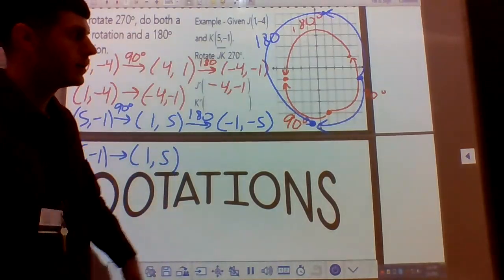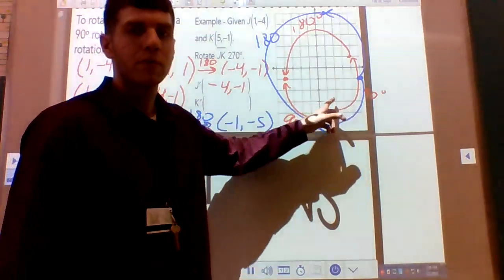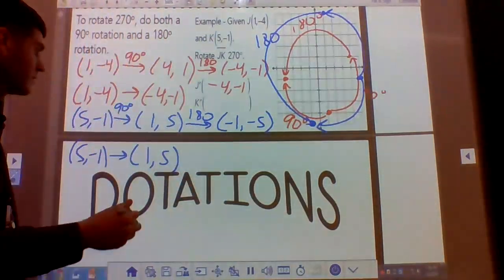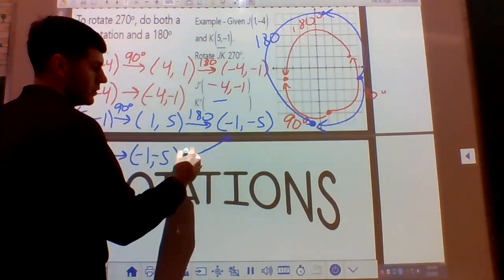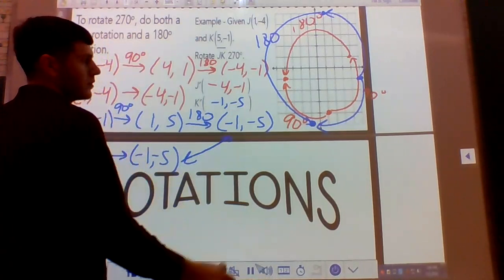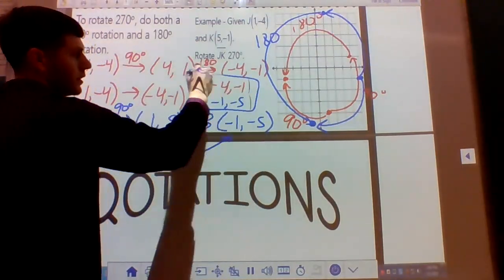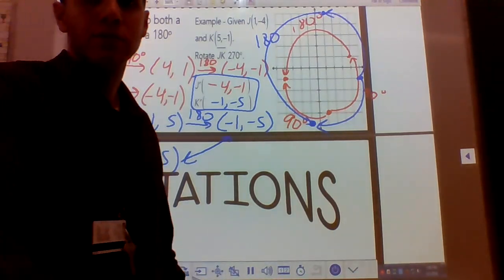We went clockwise from here, 90 degrees. We went from quadrant 4 to quadrant 3. The signs for quadrant 3 are negative and negative. So we match. These match. So there would be our two answers. And that's it for the rotations notes.